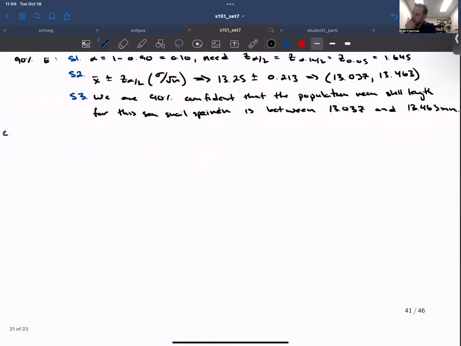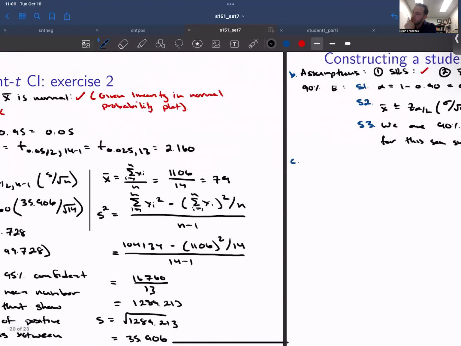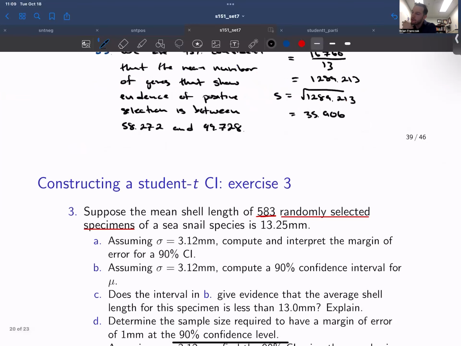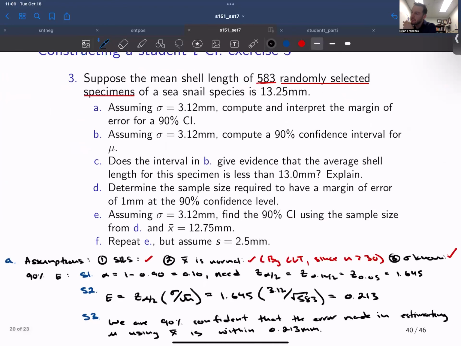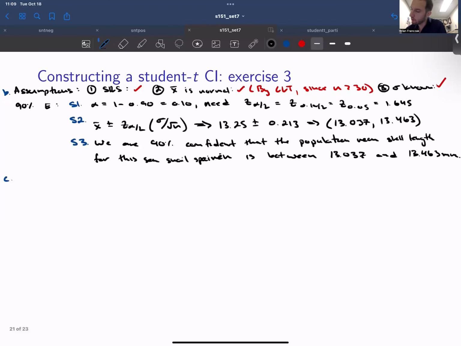Okay, part C. Does the interval in B give evidence that the average shell length for this specimen is less than 13 millimeters? So the interval from B is 13.037 to 13.463.